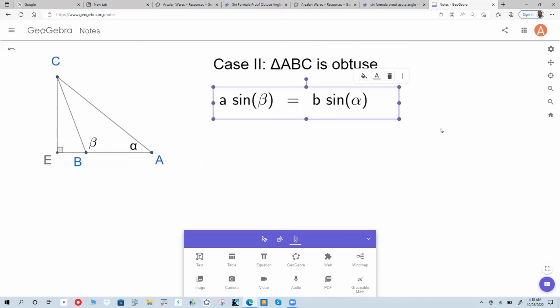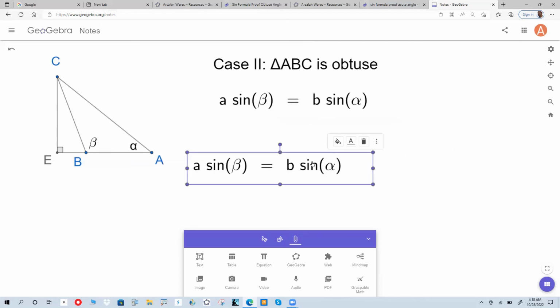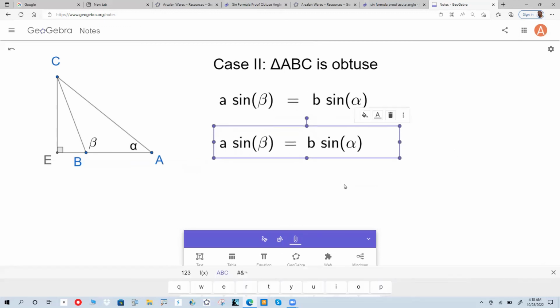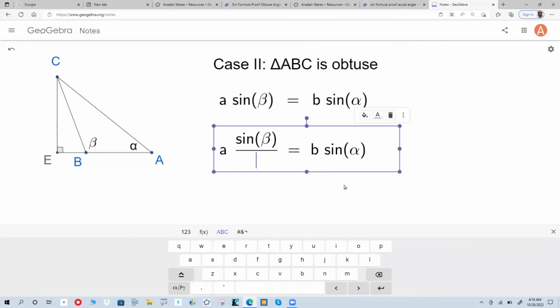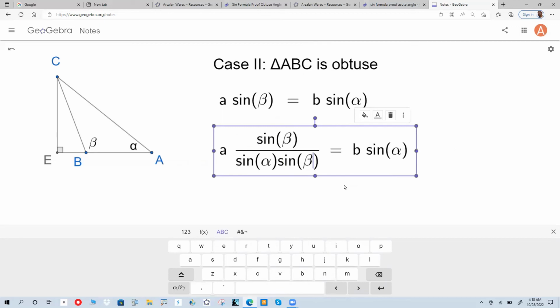I'm going to divide both sides of this equation by sine alpha times sine beta. And hopefully I'll be able to cancel.